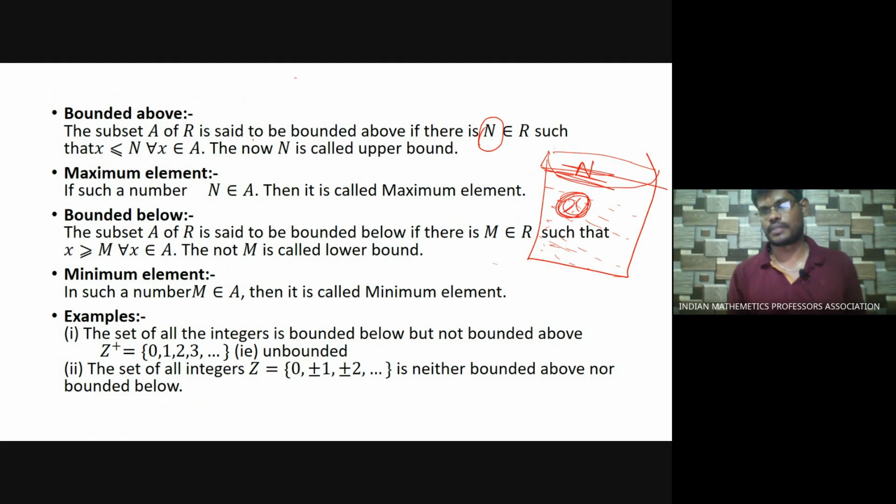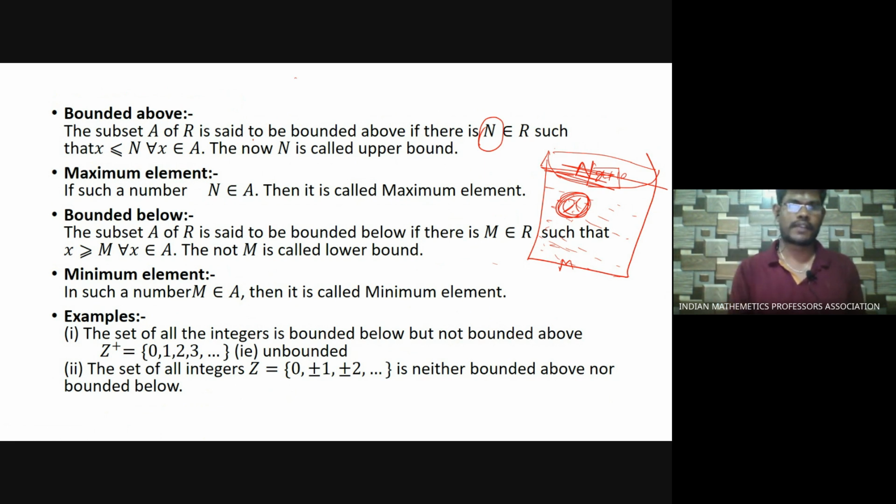For example, here we can take x plus 10. Now it's a maximum element. And the same for bounded below, here we can take m. M is a minimum element. That is a minimum element, meaning the least upper bound.